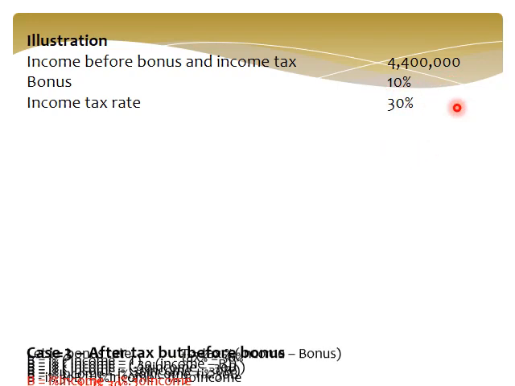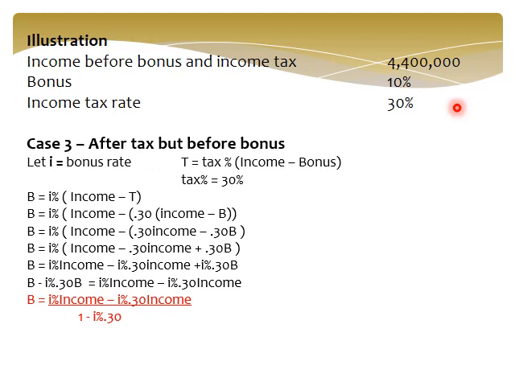But now, case 4, after tax but before bonus. So the bonus is computed as a certain percent of income after tax but before bonus. So let B be the bonus rate. Again, T the tax percentage times income minus bonus, so the tax rate, 30%.